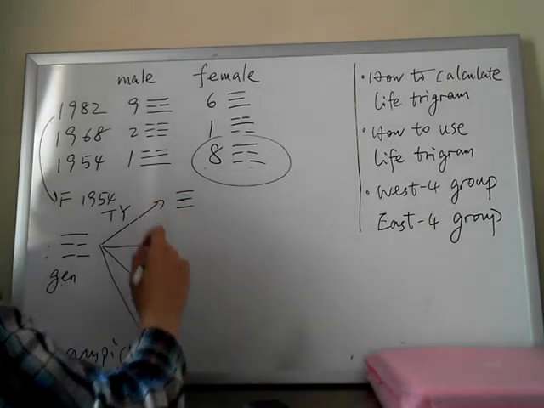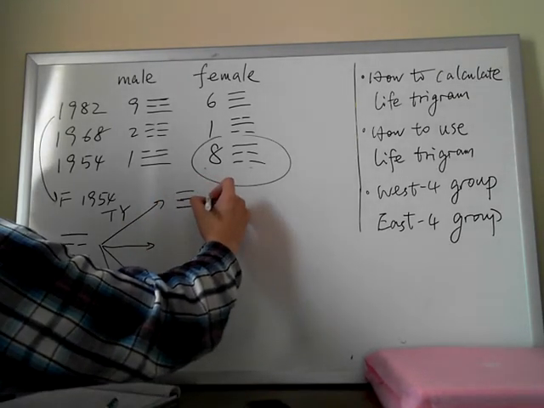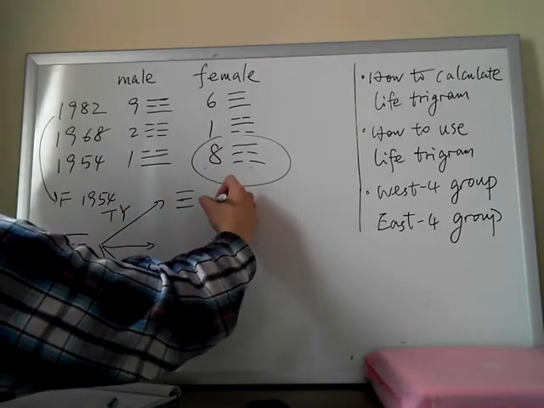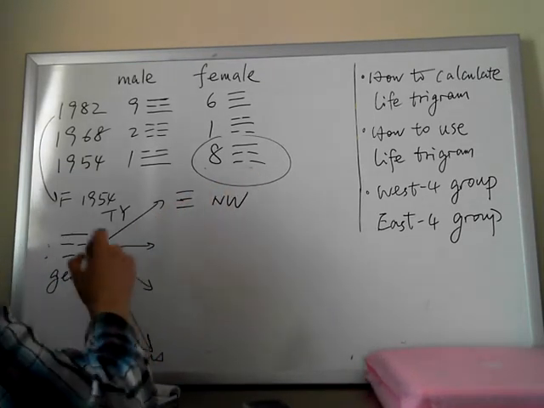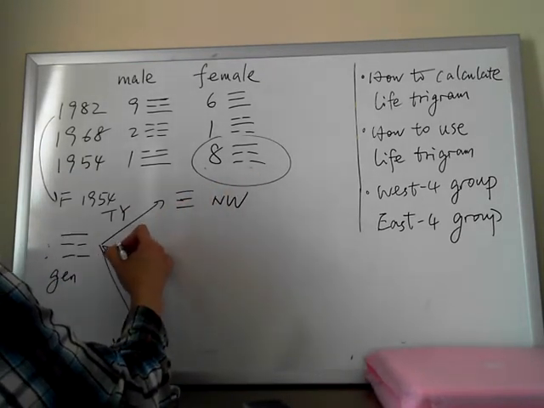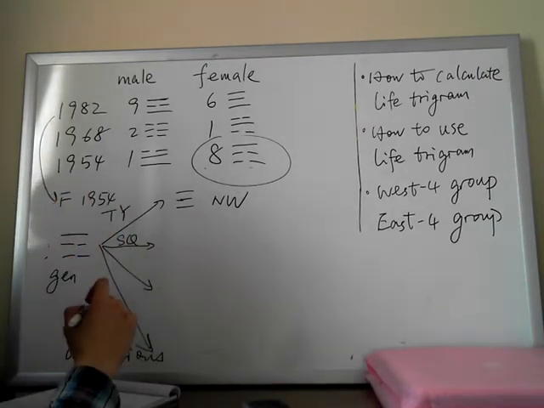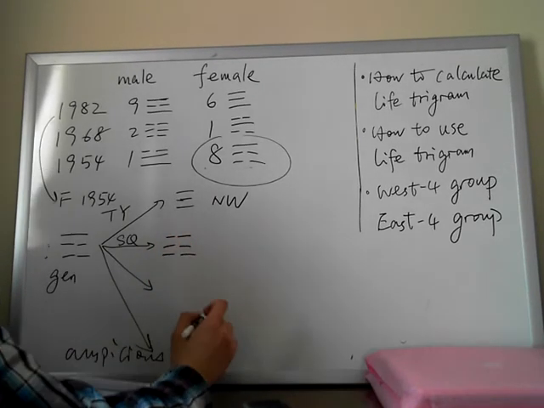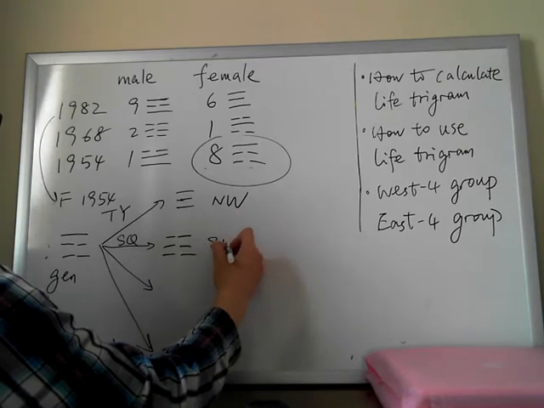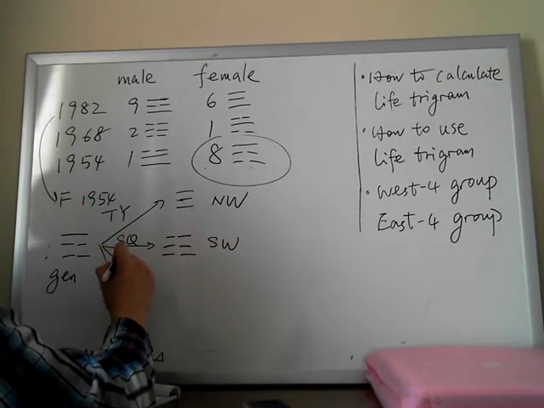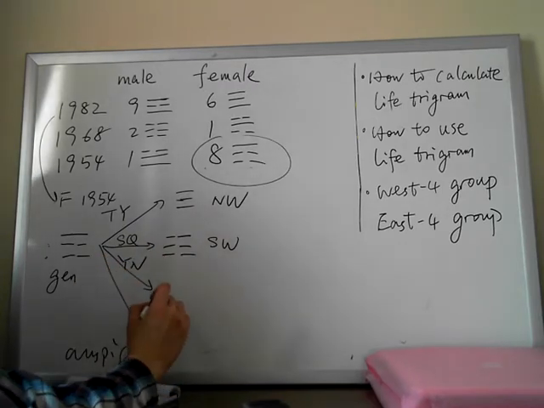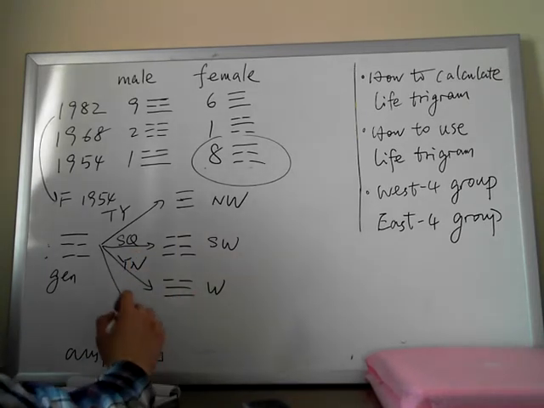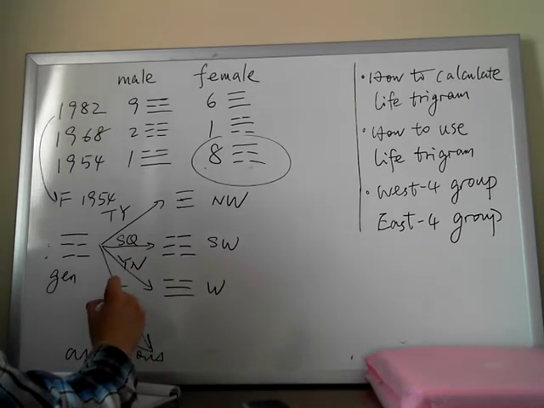This would be northwest. Okay, facing northwest. Good. And Sheng qi would be changing the top line. Southwest. And Yan nian, change all the lines. West, this is west. And Fu wei itself.